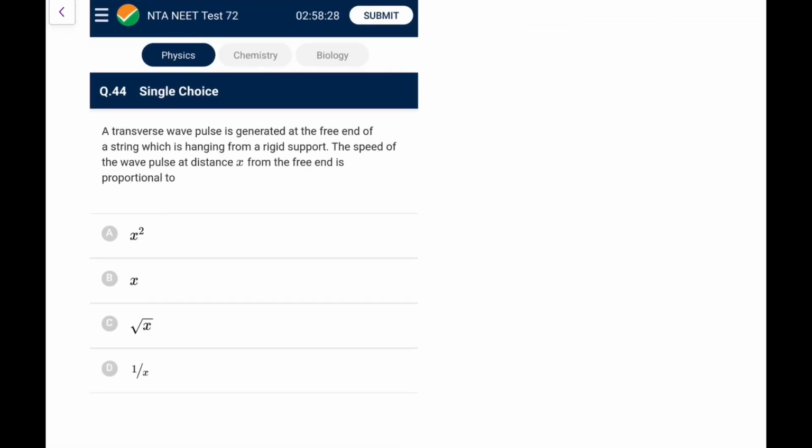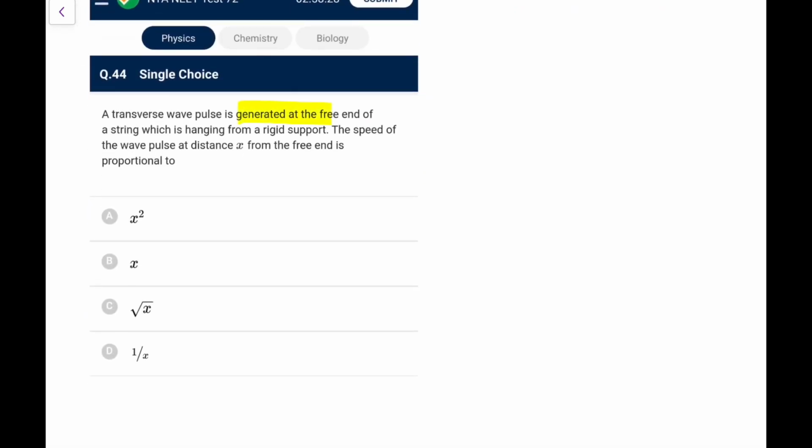Next, a transverse wave pulse is generated at the free end of a string which is hanging from a rigid support. The speed of the wave pulse at distance x from the free end is proportional to. Okay, so here it will assume it has some mass, and because it has some mass, tension will be varying. So let's say at distance x from the free end, first of all what would be the tension?